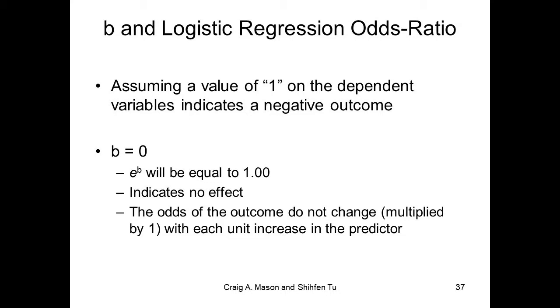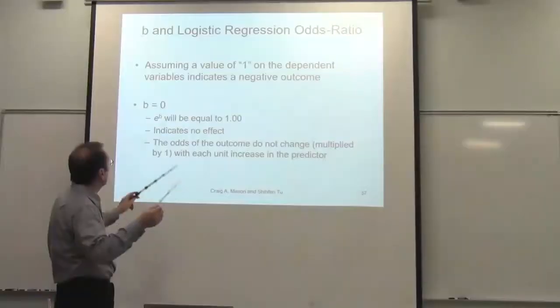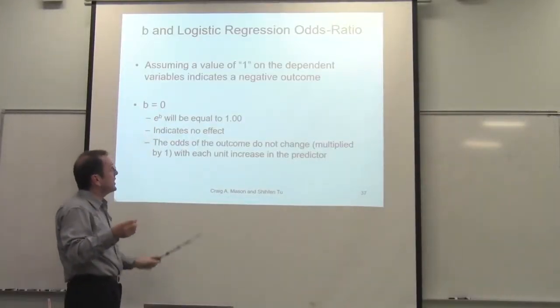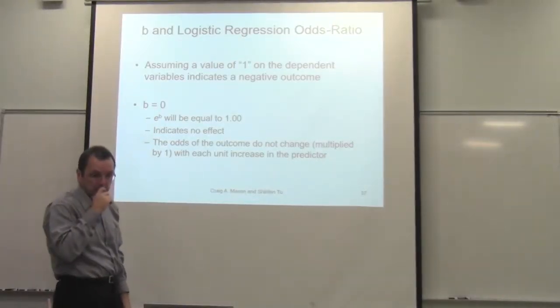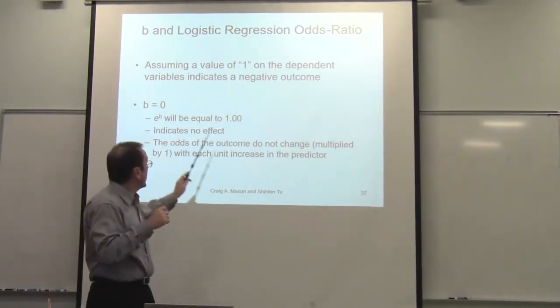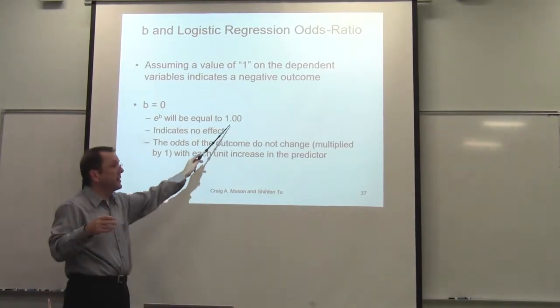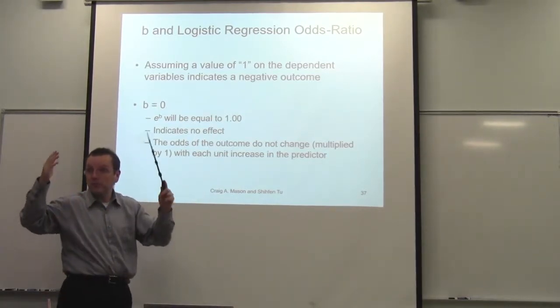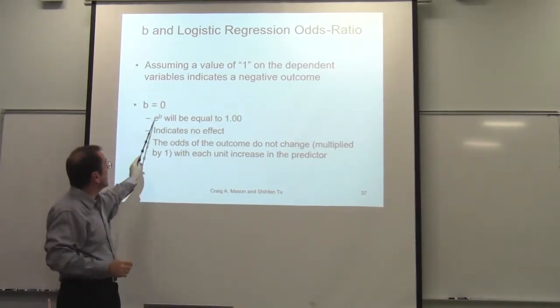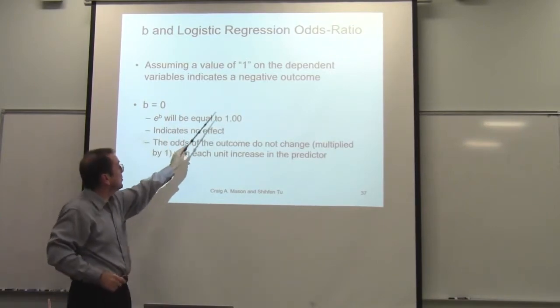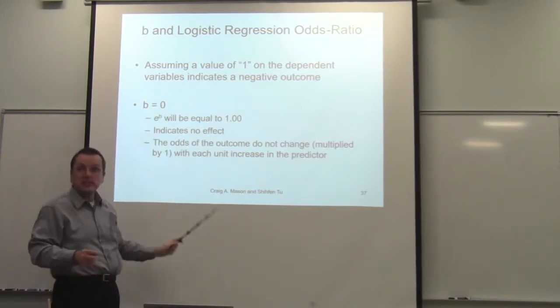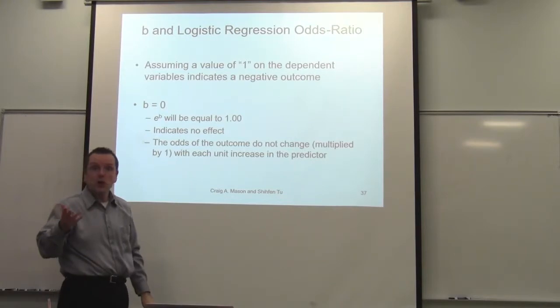What's also different with the odds ratio: if the regression coefficient equals 0, E raised to the power of 0 is 1. Anything raised to the power of 0 is 1. So if the regression coefficient is 0, the odds ratio is 1.